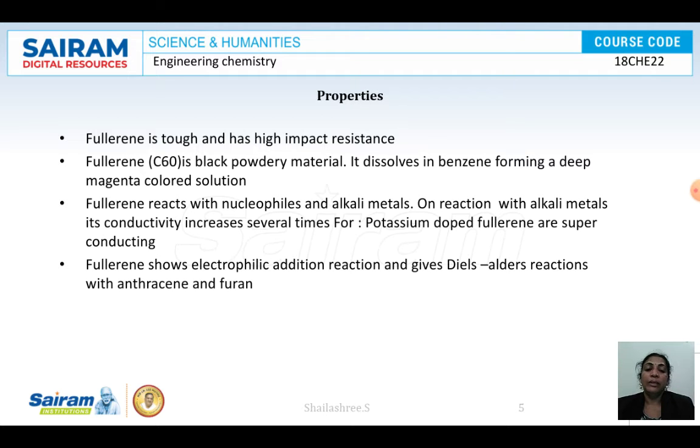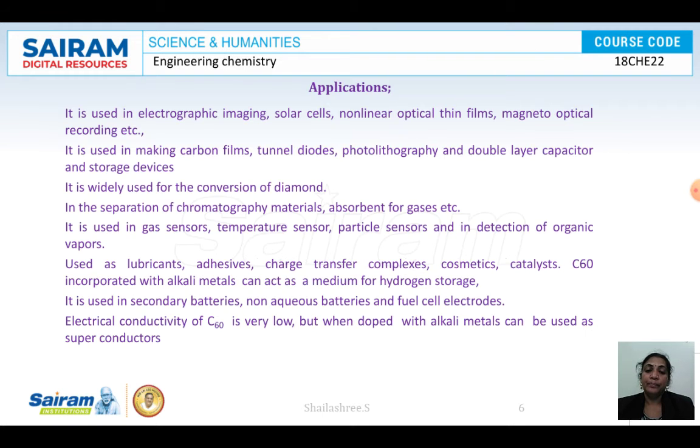For example, when potassium is doped with fullerene, it becomes a superconducting material. Fullerene also shows electrophilic addition reactions and gives the Diels-Alder reaction with anthracene and furan.